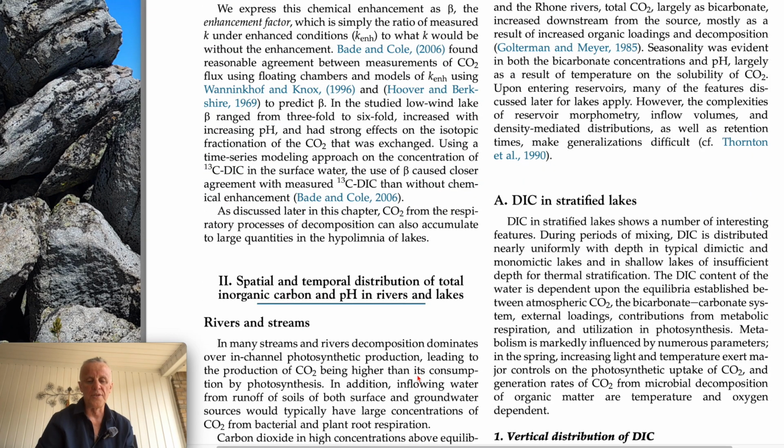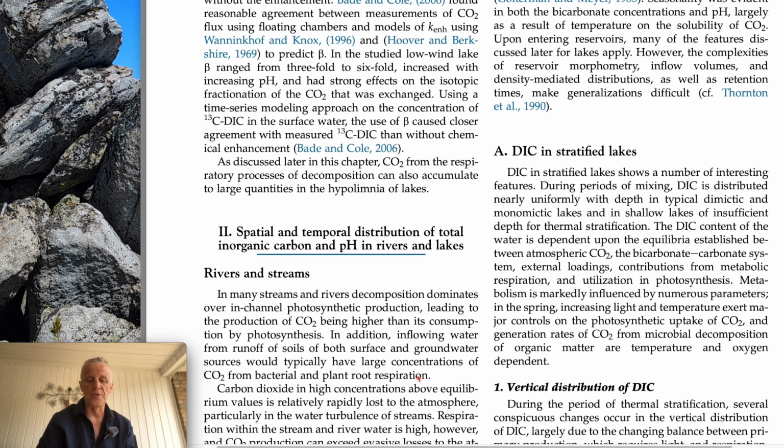Spatial and temporal distribution of total inorganic carbon and pH in rivers and lakes: rivers and streams. In many streams and rivers, decomposition dominates over in-channel photosynthetic production, leading to the production of CO2 being higher than its consumption by photosynthesis. In addition, inflowing water from runoff of soils, of both surface and groundwater sources, would typically have large concentrations of CO2 from bacterial and plant root respiration.